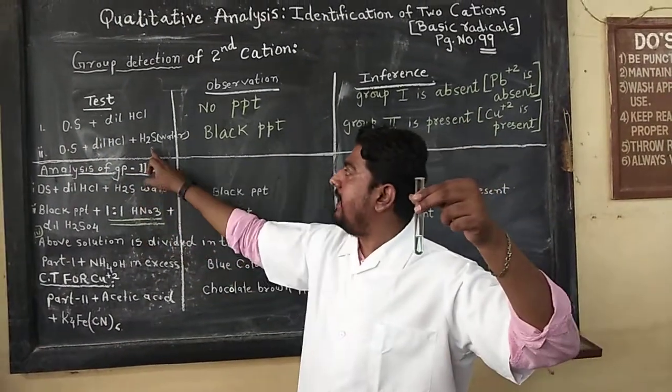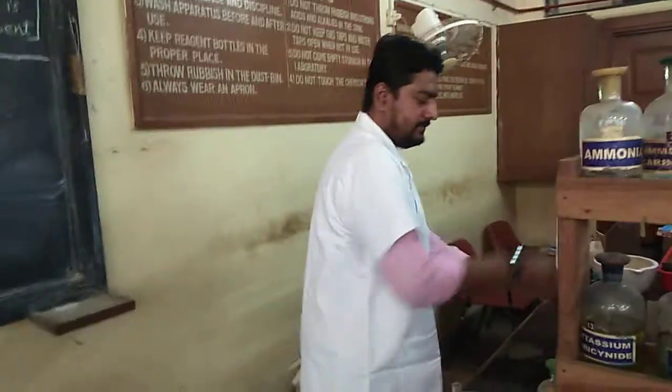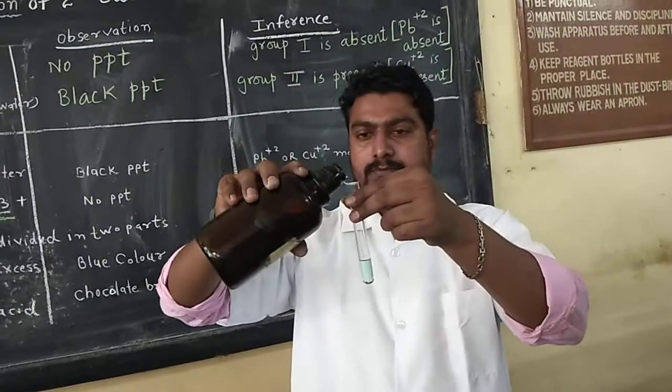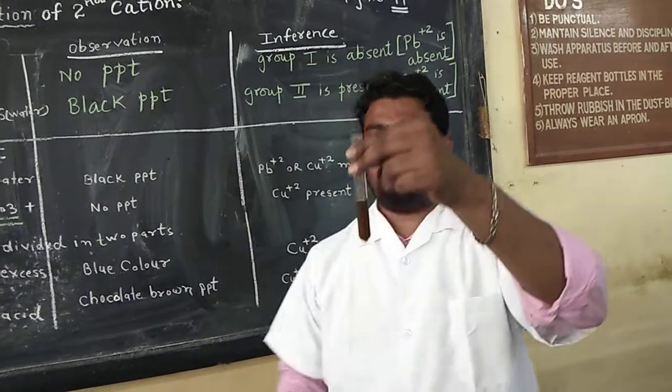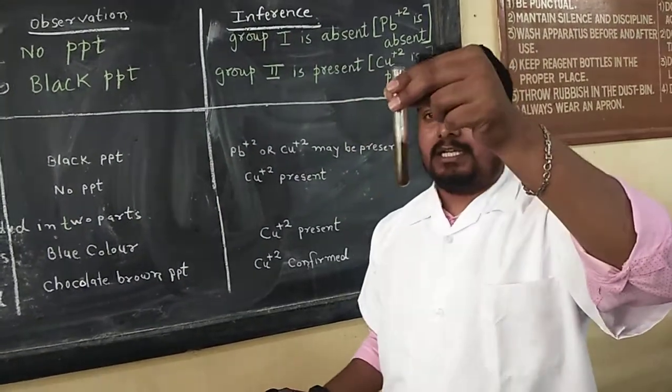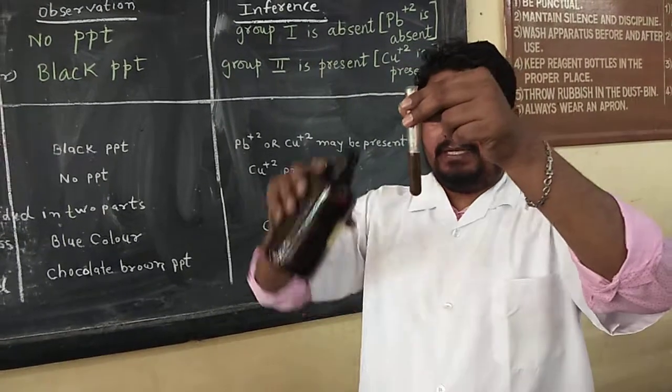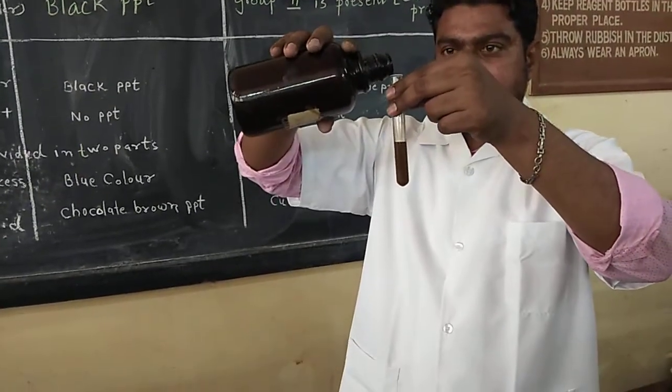We have to add H2S water. So here we have H2S water. I am adding this H2S water into the test tube. After addition of H2S, see what you get? You get a black PPT. Can you see?